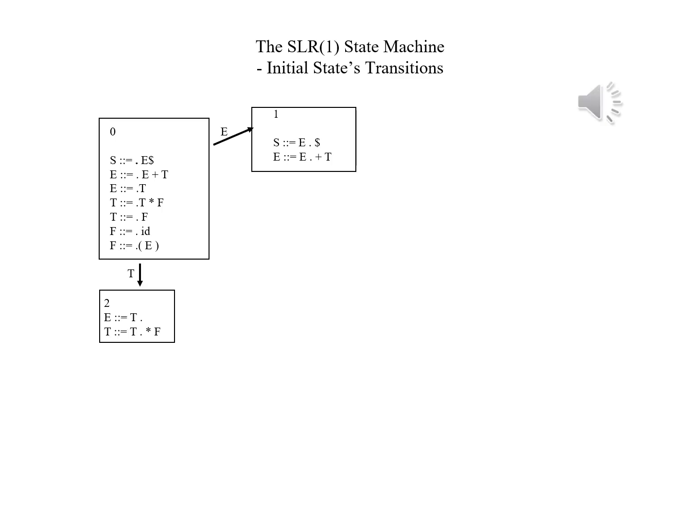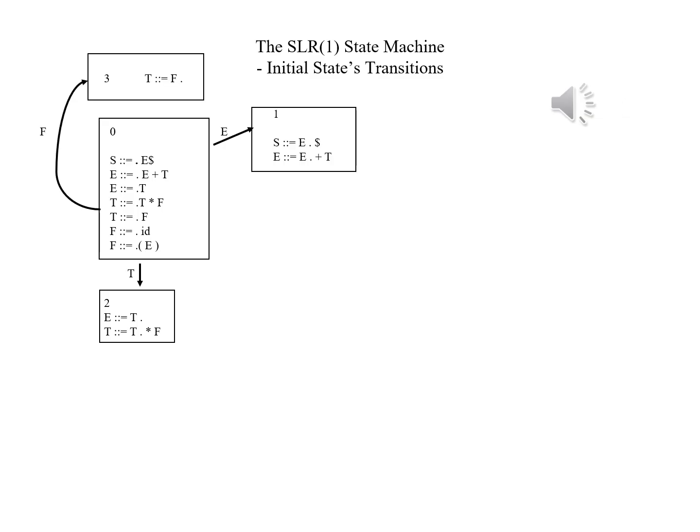The transition on T takes me to state 2, where previously I had E derives dot T, I have E derives T dot, a final item. T derives dot T times F, the transition to state 2, gives me T derives T dot times F. In the first case, I have a final item. The second case, I have the dot before a terminal. And again, there are no new initial items that need to be added here.